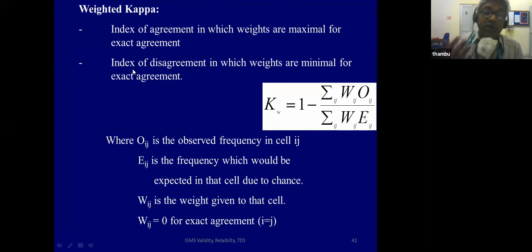The formula is given here. O_ij is the observed frequency in cell ij. E_ij is the frequency which would be expected in that cell due to chance. W_ij is the weight given to that cell. W_ij is 0 for exact agreement, where i is equal to j. So this is the formula for weighted kappa.